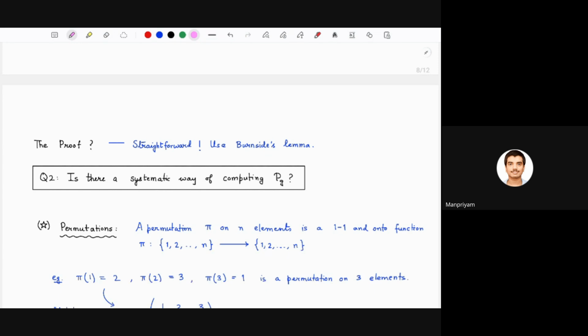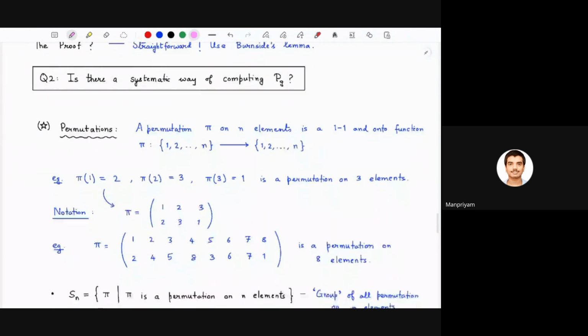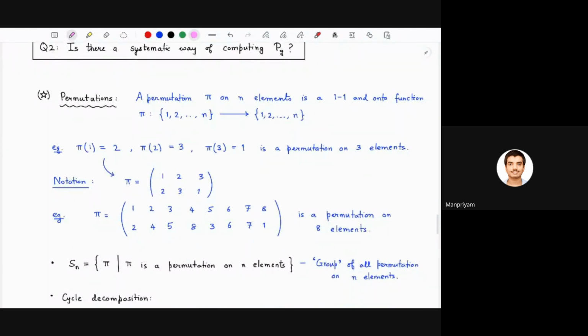And for that, we take a tiny digression into permutations. So what is a permutation? A permutation on n elements is just a 1-1 correspondence between the set 1 to n and another set 1 to n. So we could have, say, pi takes 1 to 2, 2 to 3, and 3 to 1. That would be a valid permutation.